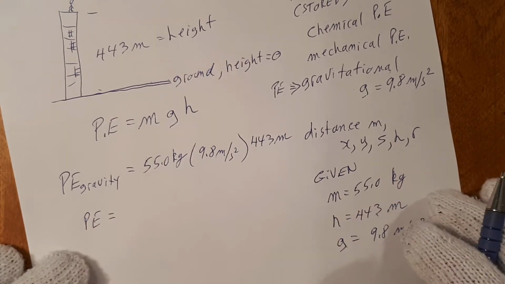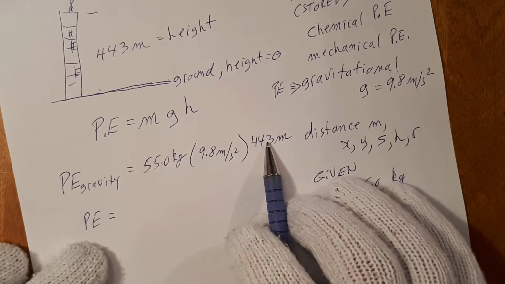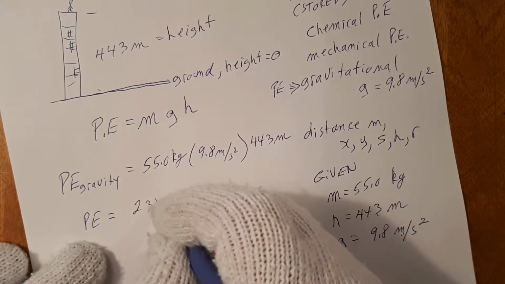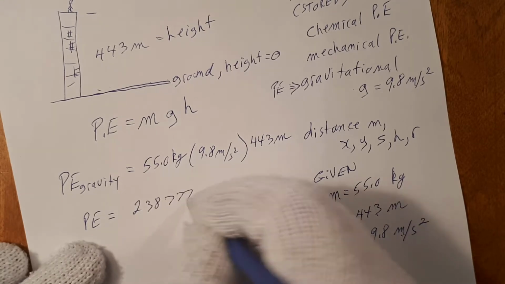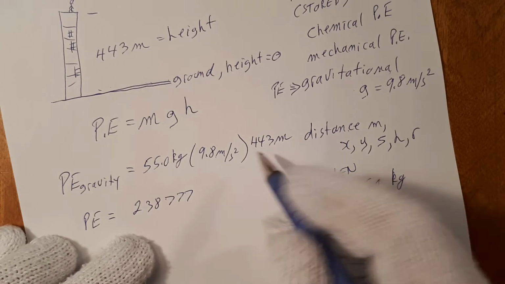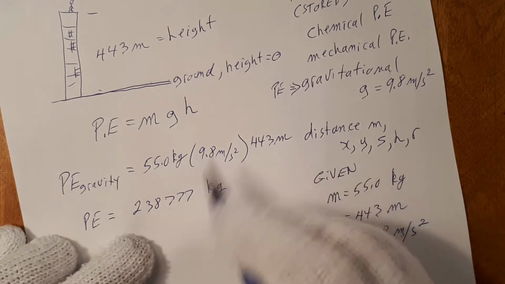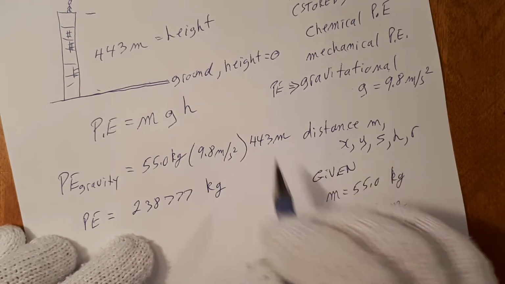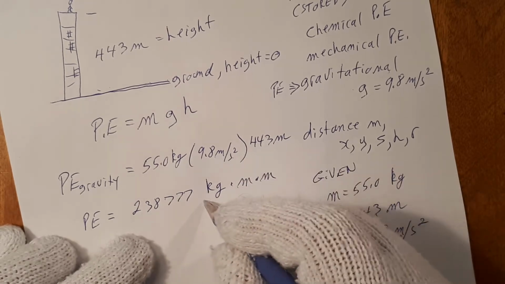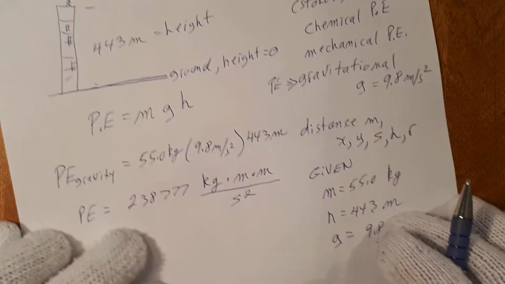Potential energy then is equal to, putting these numbers in the calculator, 238,777. And the units, nothing cancels out. So we have kilograms, meters times meter, meter times a meter, and everything divided by seconds squared.